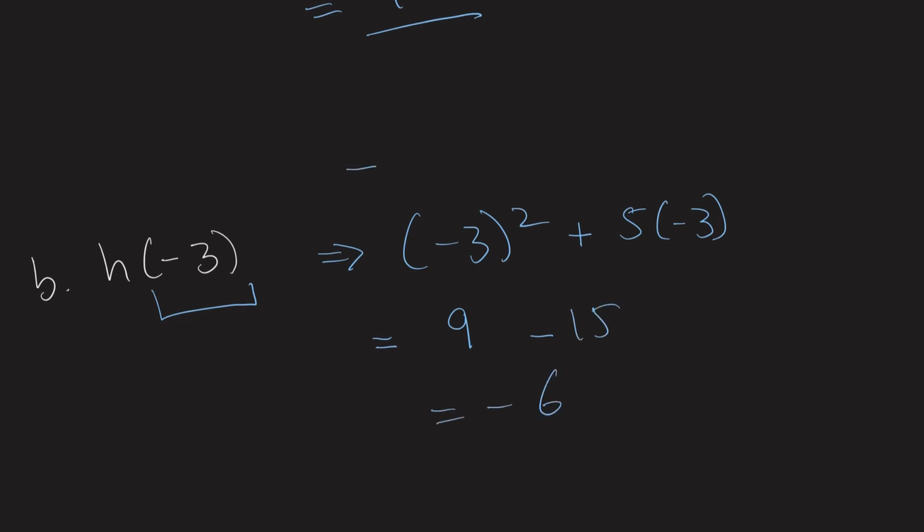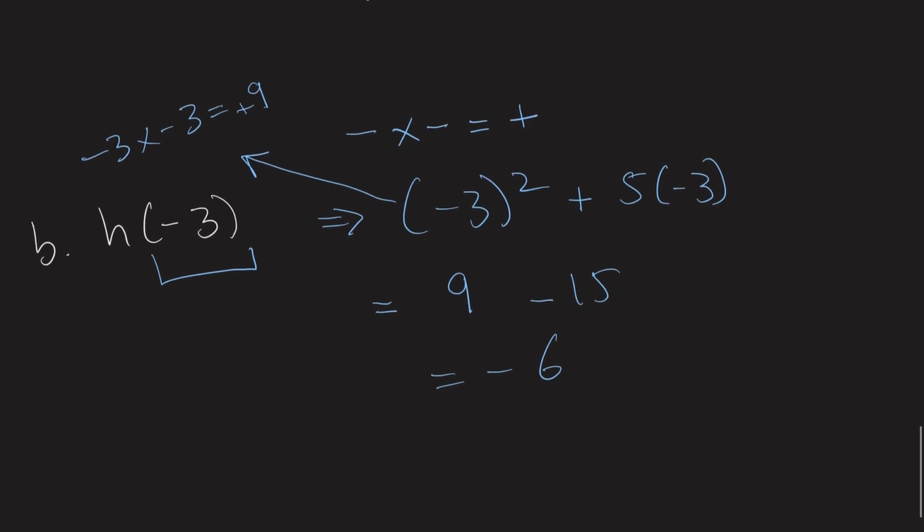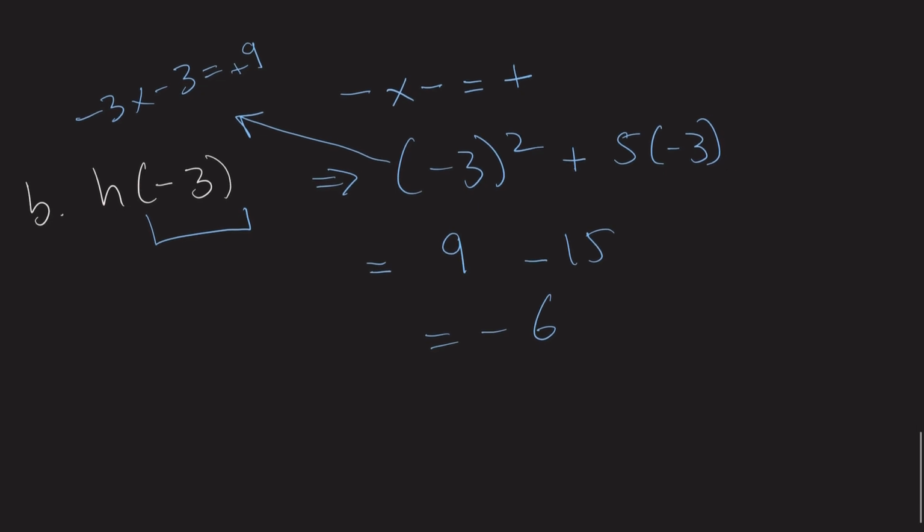So minus times a minus will always equal positive. Minus 3 times minus 3 equals positive 9. That's something really important to remember. And then 5 times minus 3 is minus 15. 9 take away 15 is minus 6. That's our answer right there.